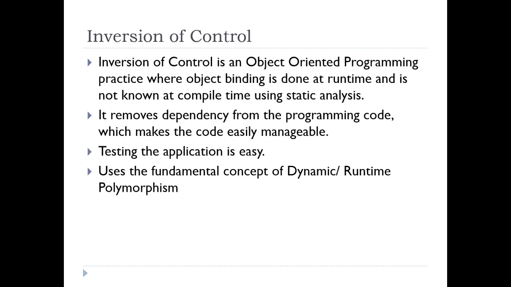In any object oriented application, there are many objects which interact with one another. Let's say we have these two objects in our application, but these two objects depend on some other objects.